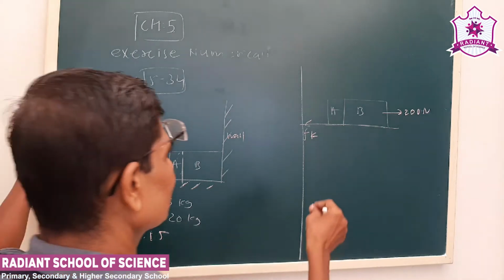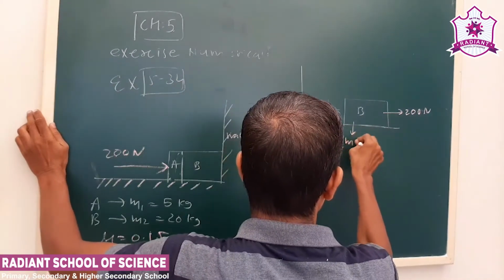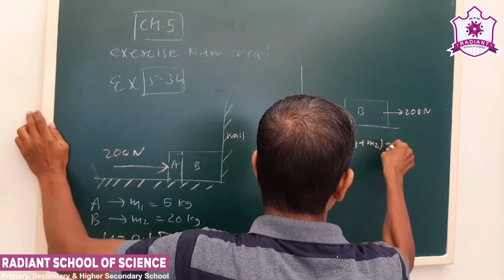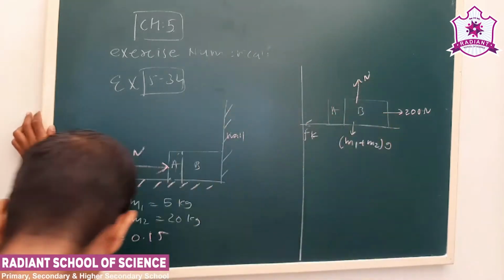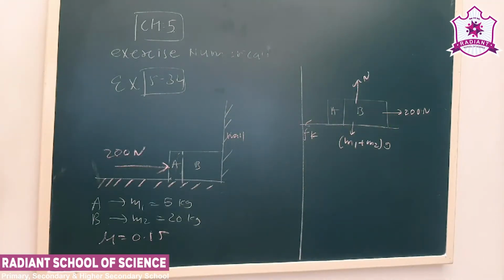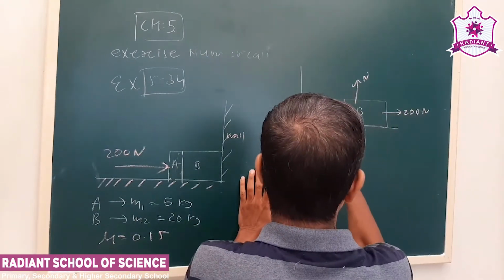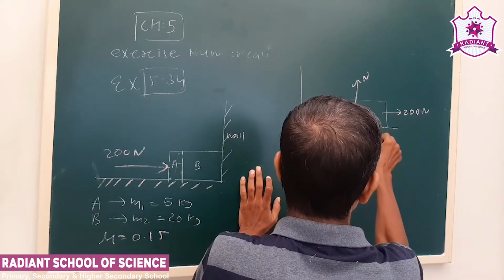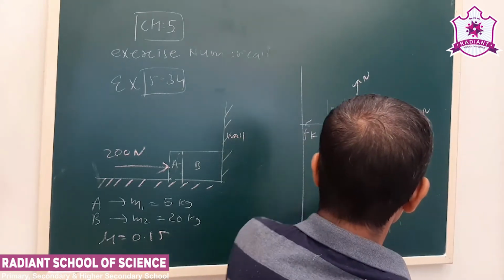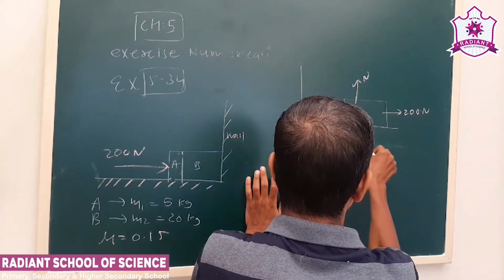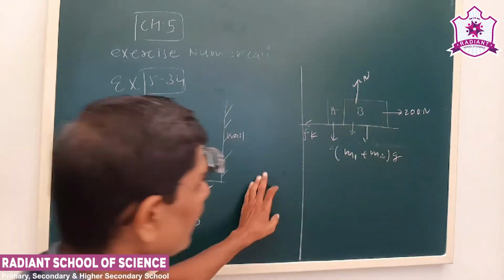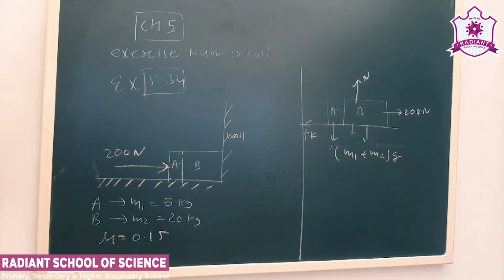Now see the weight of the system, (m1 plus m2) into g, and the reaction will be N. Here I have taken m1g and m2g, both in the same direction, so collectively I have taken (m1 plus m2)g.